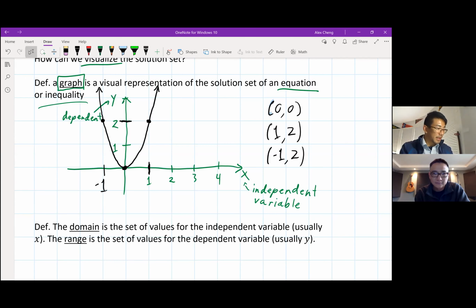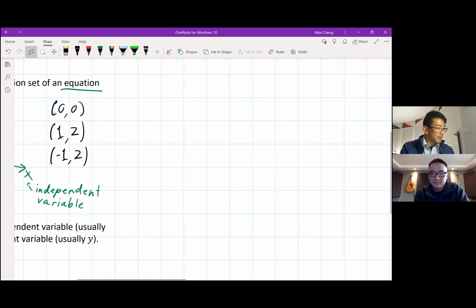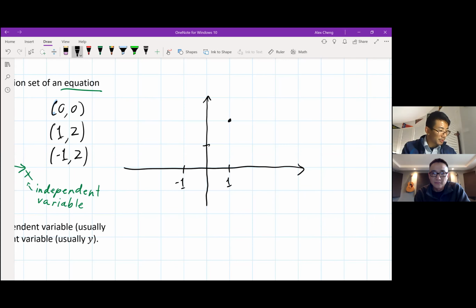So I'm going to actually copy this back over here. I'm just going to take a quick second and sketch these points again. So there's there. And so we've had, let me label these, 1, -1, 1, and 2 here.